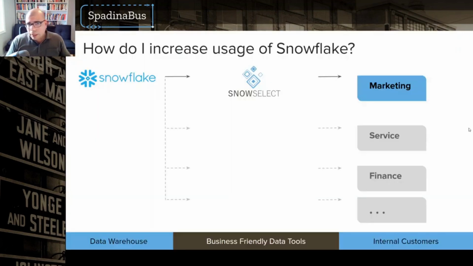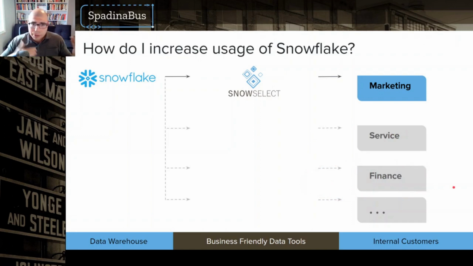So if you've got a Snowflake data warehouse and you're always looking for internal stakeholders to adopt and increase the utilization of that environment, we know that one of the biggest stakeholders for that is marketing, which is what we're focused on. Of course, there's other areas such as service and finance.